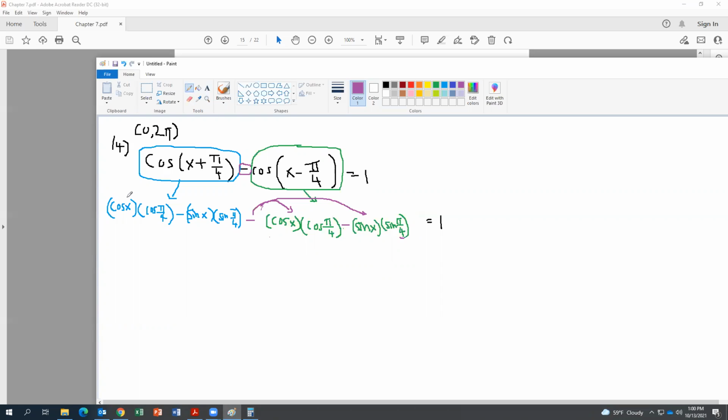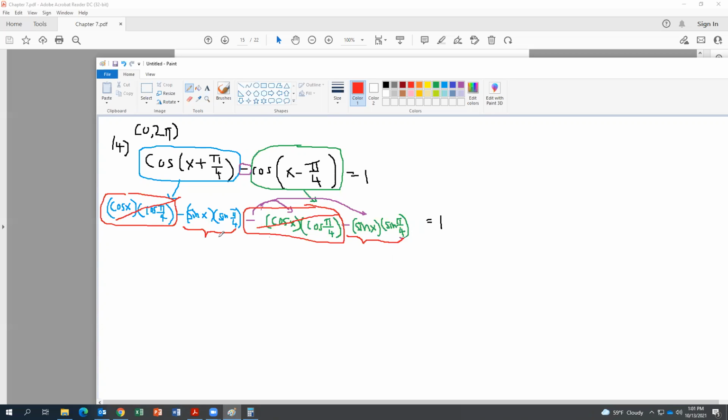So if you look at this whole thing, can you combine like terms? What happens to cosine x, cosine pi over 4 with negative cosine x and cosine pi over 4? It will cancel out. And what happens to the negative sine x sine pi over 4 with negative sine x sine pi over 4?